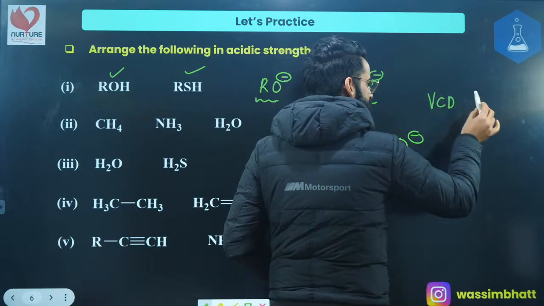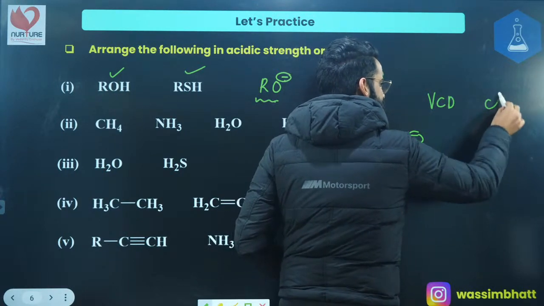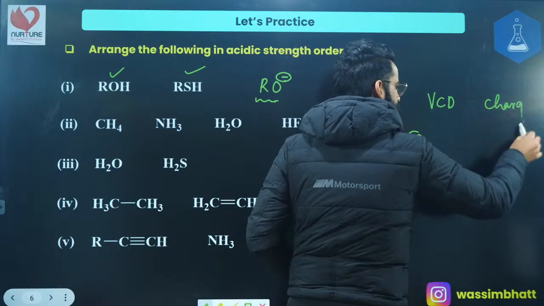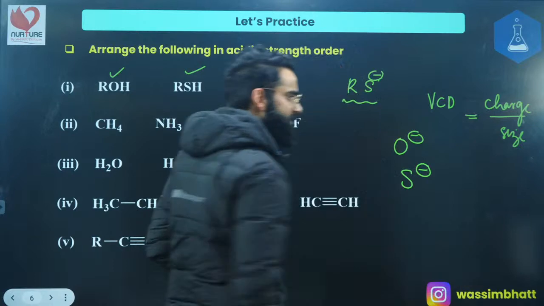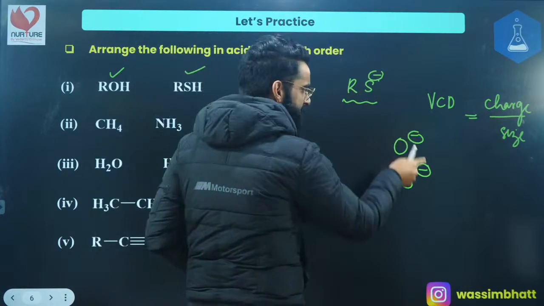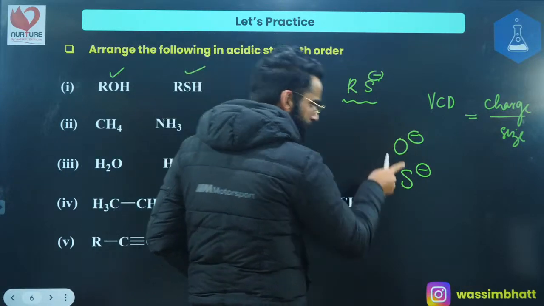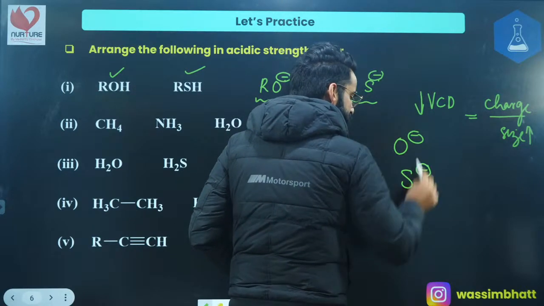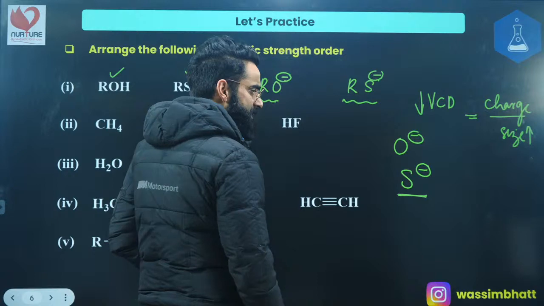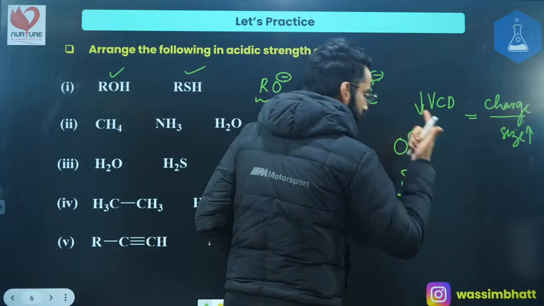Volume charge density depends on the charge present on the species, and at the same time, it depends on the size of the species as well. Since the charge present on both species is the same, now compare their size. Sulfur has more size, so over here it will have less volume charge density. The less the volume charge density, the more the stability.